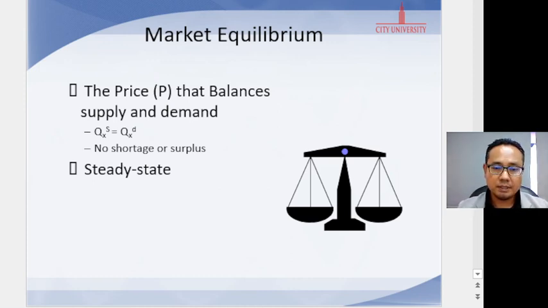Since we focus on the market for a single good, it is convenient to drop the subscript at this point, and let P denote the price of this good, and Q the quantity of the good.